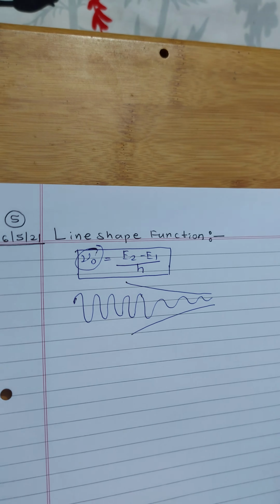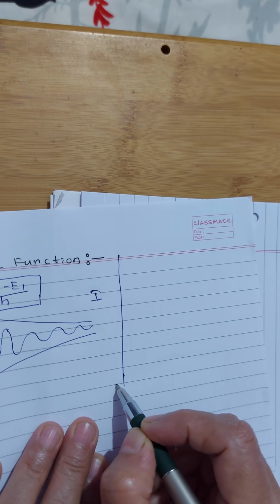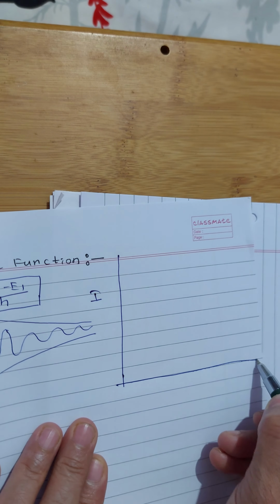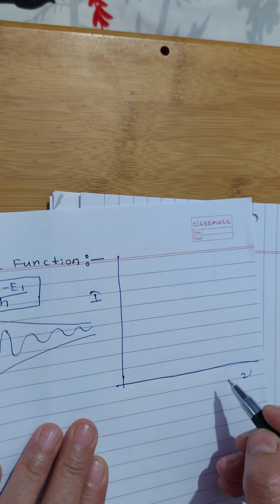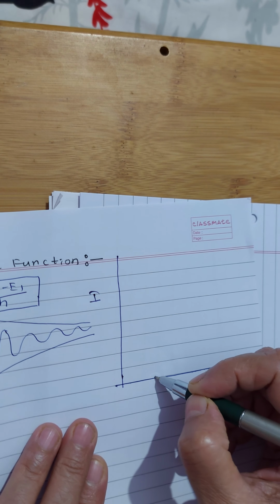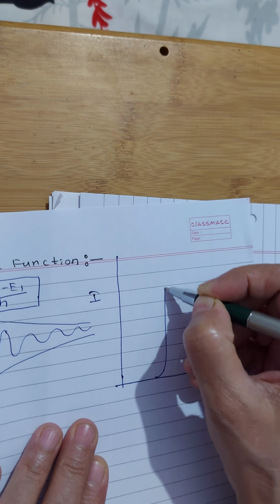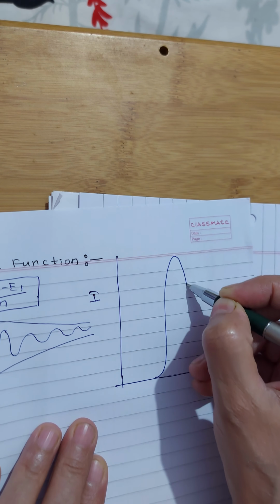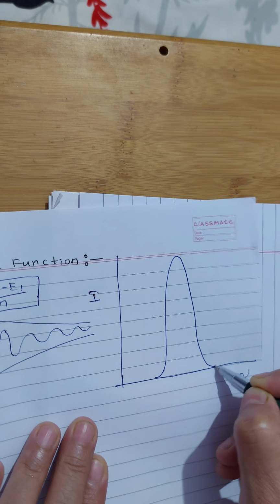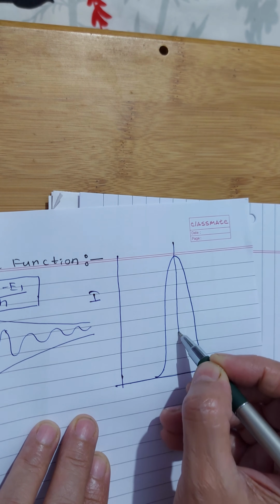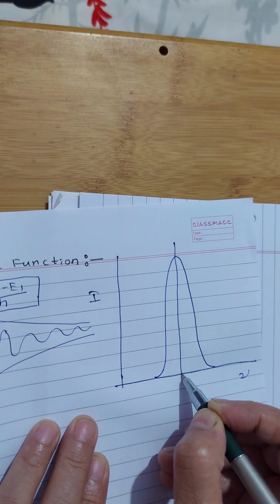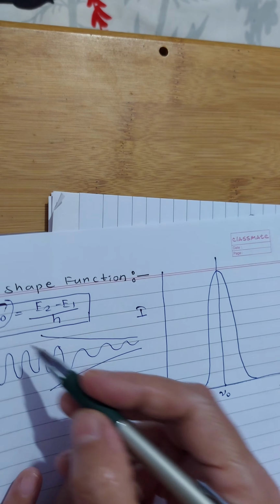Suppose I plot a graph of intensity I versus nu. This is my nu. Here I can show you the bell-shaped curve like this, exactly at the center, drawn without a scale. This is my nu 0, what I spoke of just now.